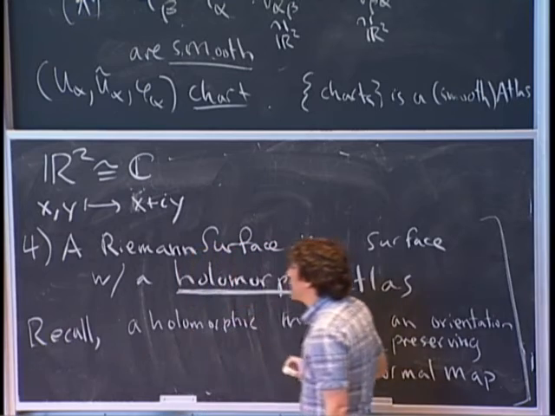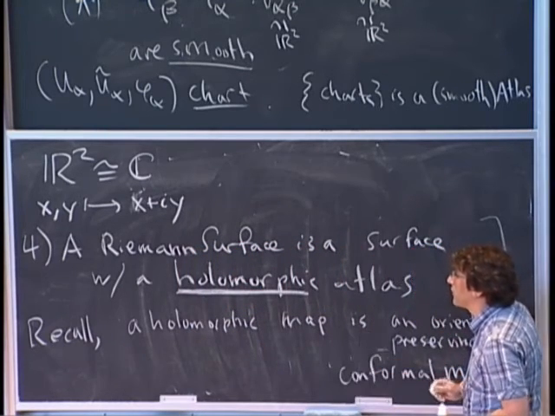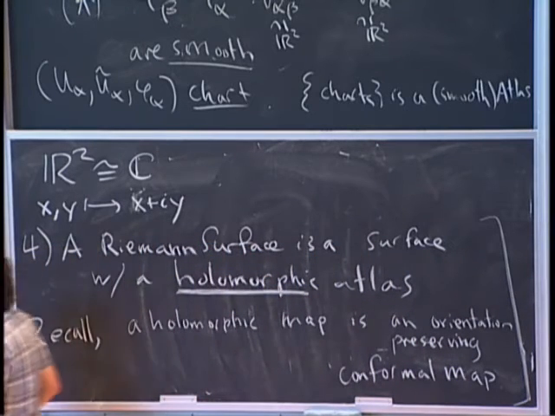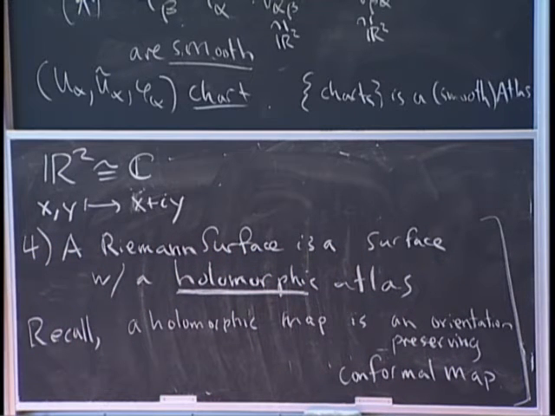So the question is, we've introduced this object, which is a refinement of the notion of surface. So we're led to the question of when do we have such a structure, and how many such structures do we have?